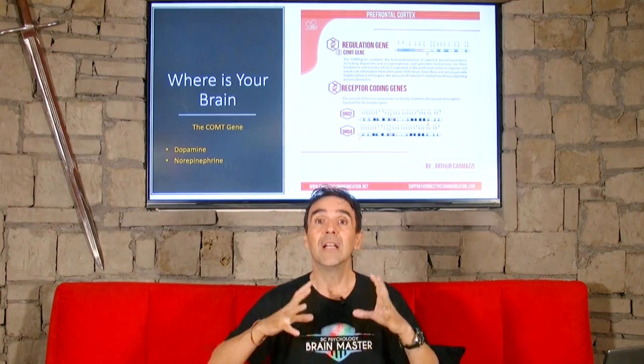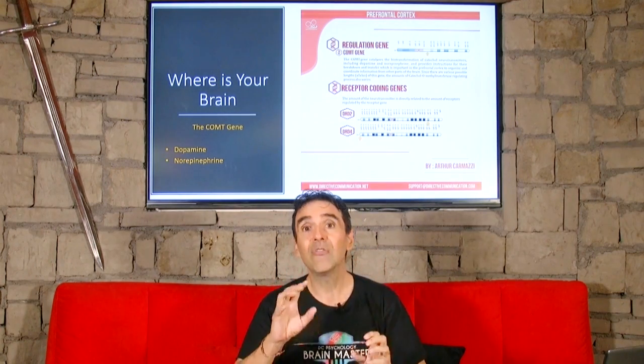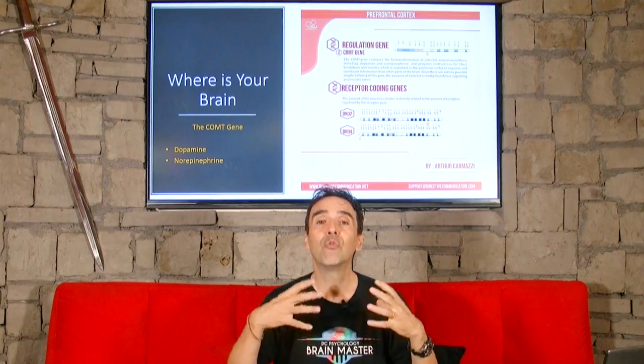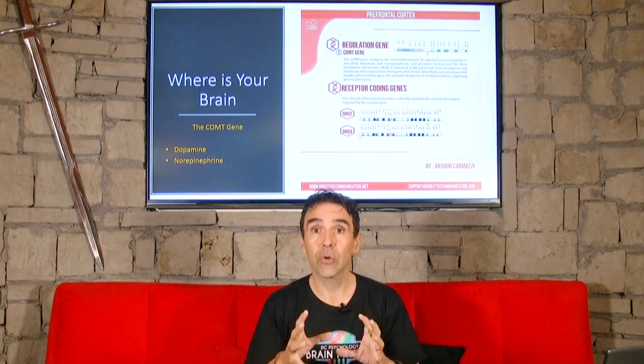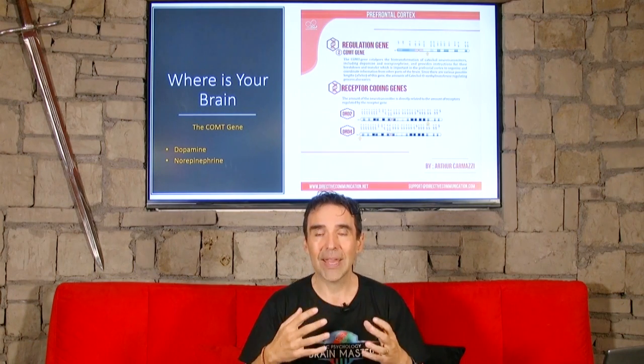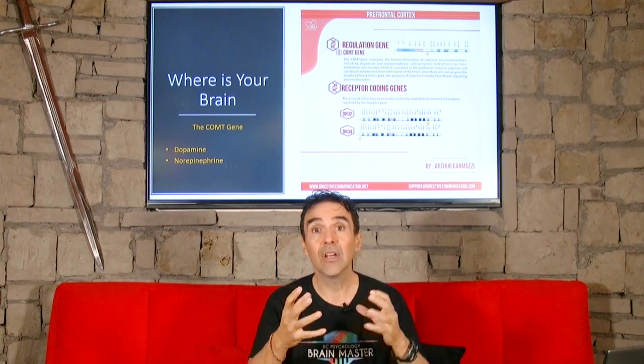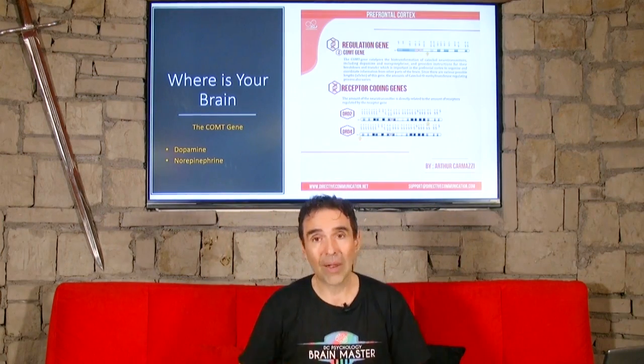So the DRD genes are also affecting the number of receptors for these different neurotransmitters, which, of course, affect how your brain interprets and gets clarity of the world around it.